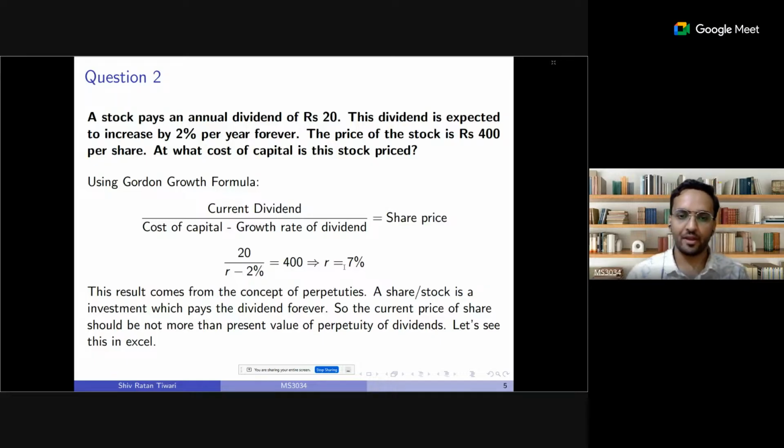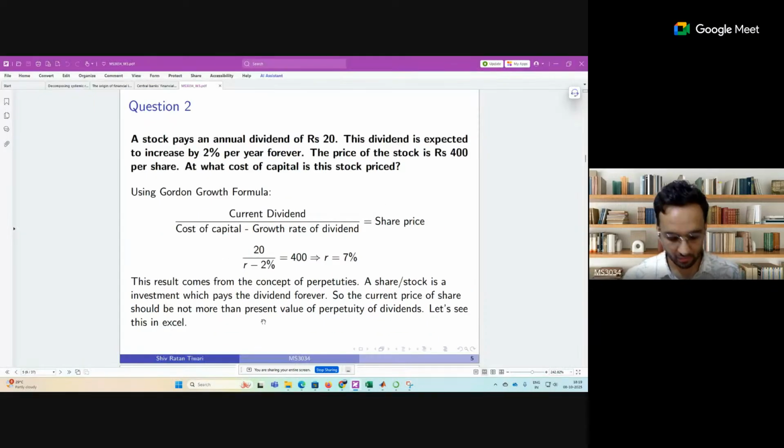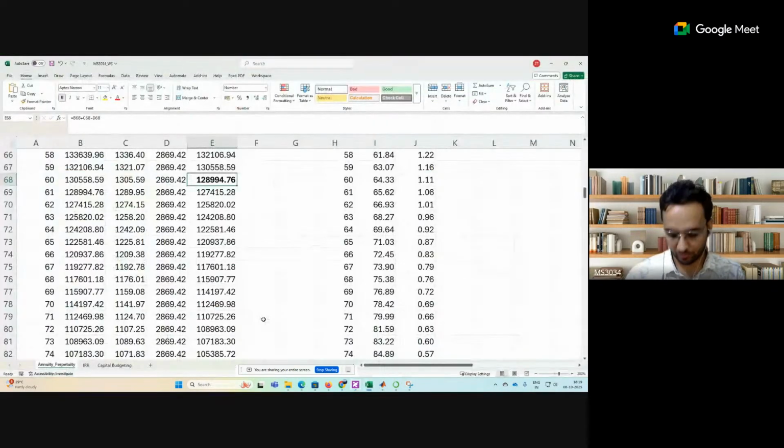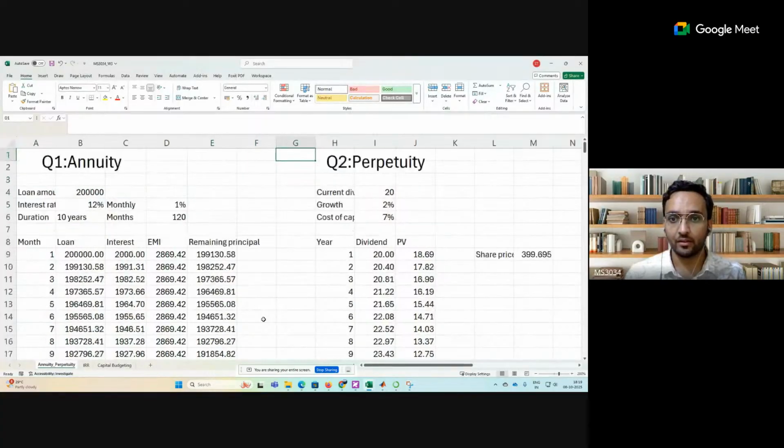We can also verify these calculations in Excel or spreadsheets, so let me demonstrate this to you. The dividend given is 20 rupees, growing by 2%, and the discount rate is 7%.